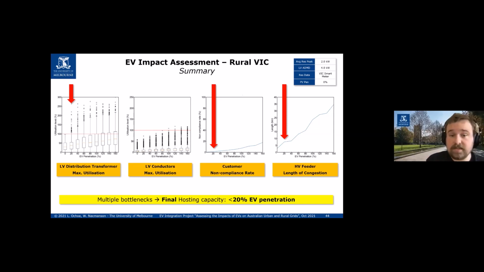But the hosting capacity is 20%, and at the maximum EV penetration, as we saw with the other rural feeder, it's about 1 in 5 customers with a voltage issue. So this is very significant. If we look at length of congestion for this feeder, much larger numbers because we have a much larger feeder, but percentage-wise, it's usually around that 5 to 10% mark of total length.